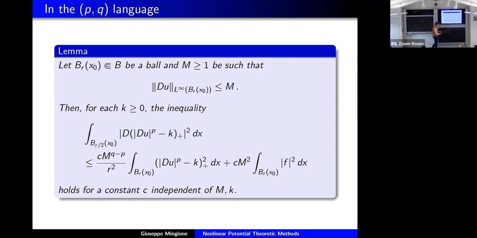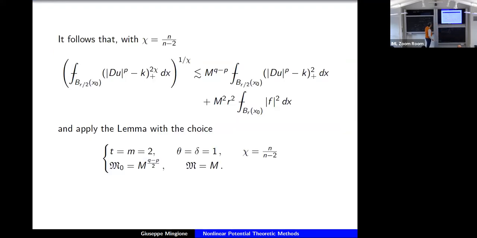And now the magic fact appears, because you apply the previous lemma with M, with the strict dependence of the constants. You apply the previous lemma with this choice. And now you start seeing why you need all the parameters, because the more intricate the problems, the more parameters you need to get a unified setting.